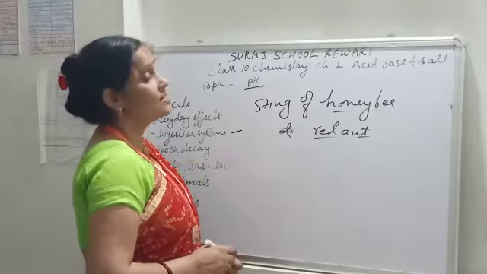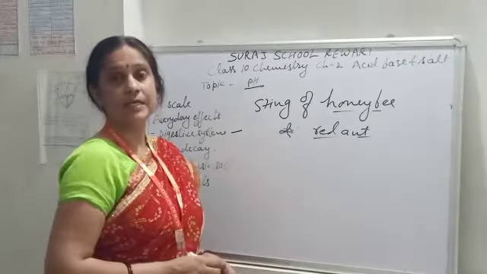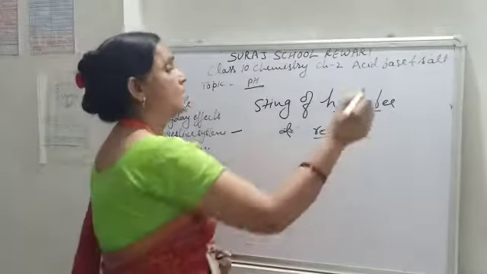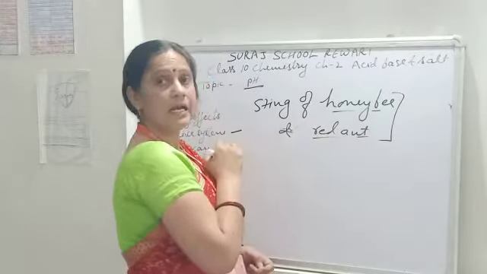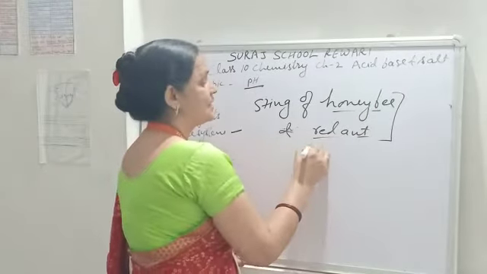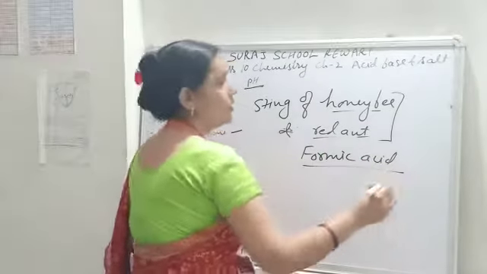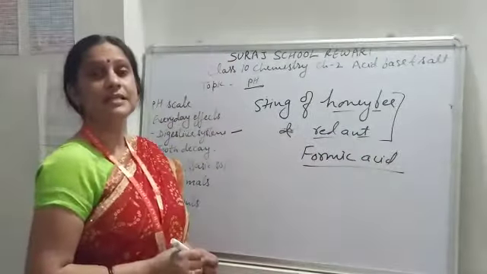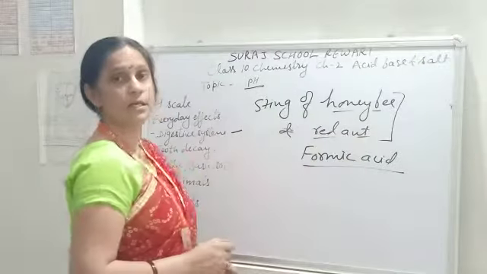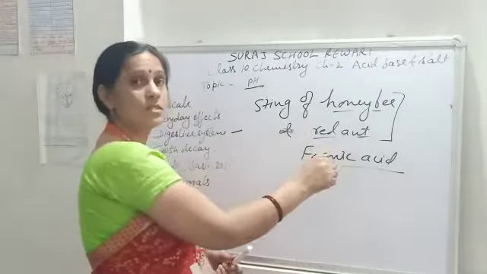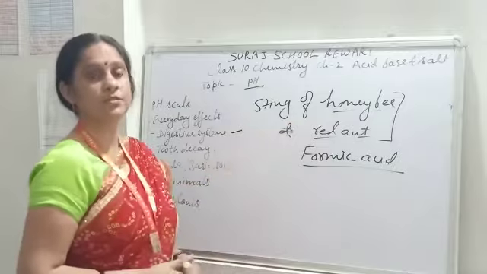Now what is the reason for this pain or swelling? The sting of honeybee and red ant has an acid that is known as formic acid. When these animals bite us, they inject the formic acid in our skin. This acid causes pain, swelling or irritation.